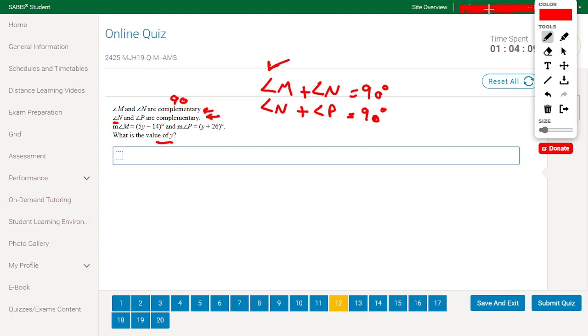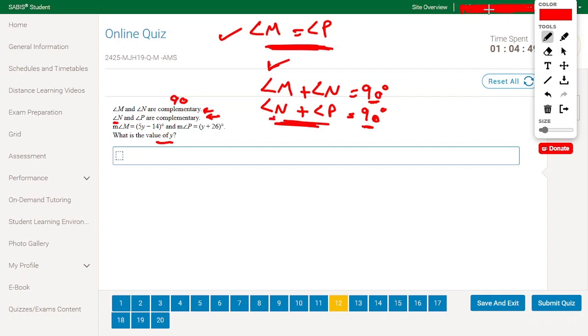If you see here that angle N plus angle M equals 90 and angle N plus angle B equals 90 also, from there I can get that angle M will be equal to angle B. How do we get this? Let's see these two equations. I have angle M plus angle N equal to 90 and angle N plus angle B equal to 90. We have 90 and 90, so let's substitute, because 90 is equal to 90.